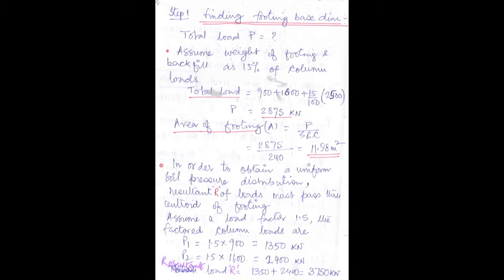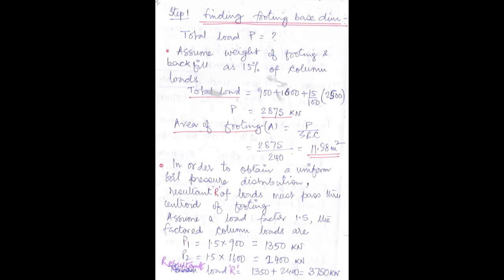Now you understand the concept over here, how we arrive at the dimension of the footing. See, in order to have a uniform soil pressure distribution at the base of the footing, the resultant of the loads should pass through the centroid of the footing.